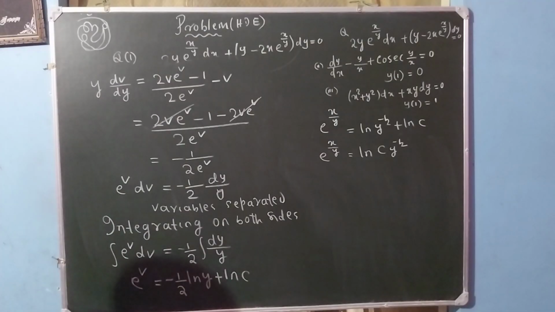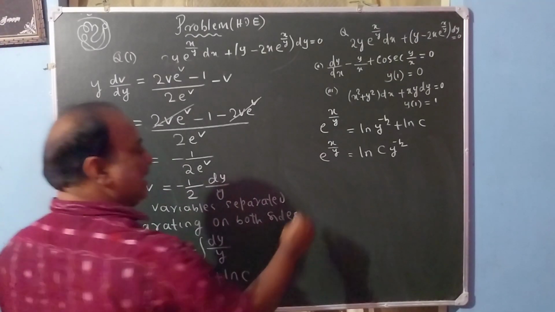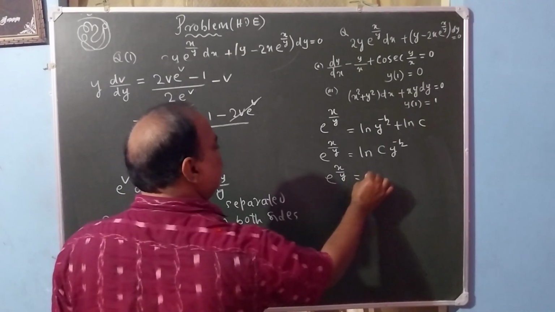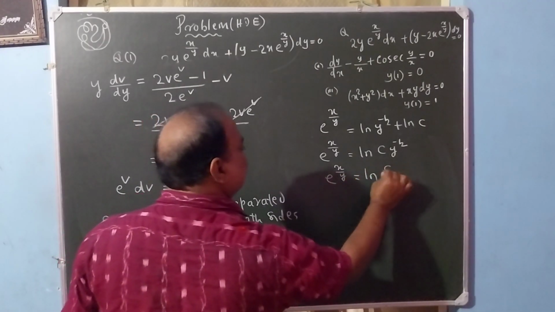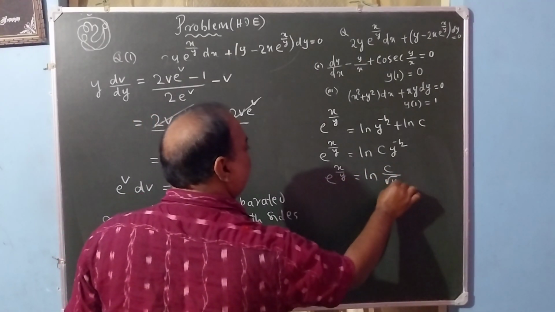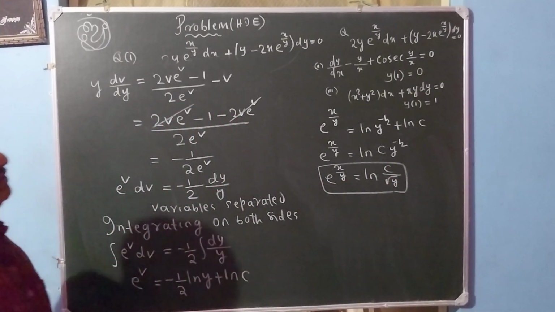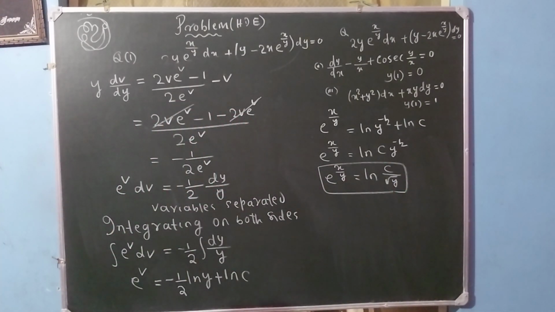So this is the answer of this question. That can be written as e to the power x by y ln c by root over y. This is the answer of this question.